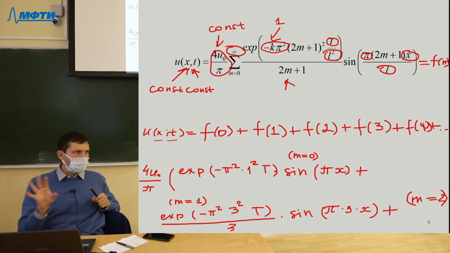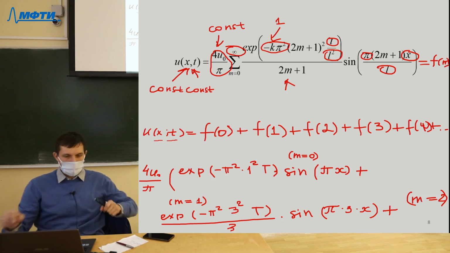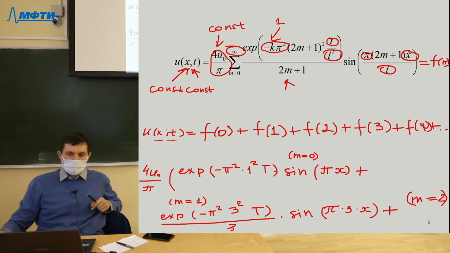At this moment you can calculate the temperature at some point x. When you consider another point, you just change this x.